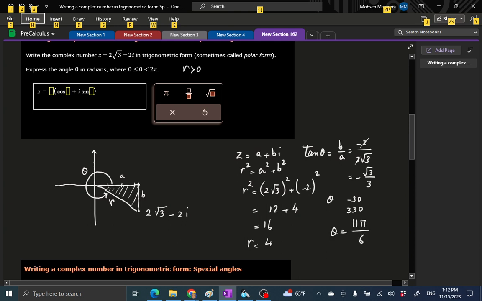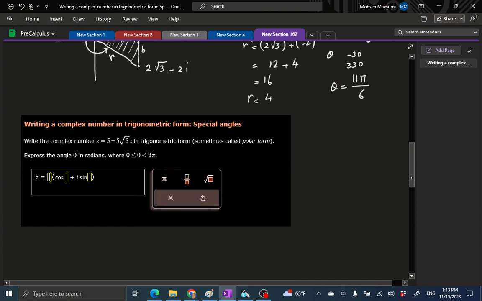So that is what is expected from us. So z is equal to 4 cosine of 11 pi over 6 plus i sine of 11 pi over 6. These two are always the same, 11 pi over 6. That is what is required.